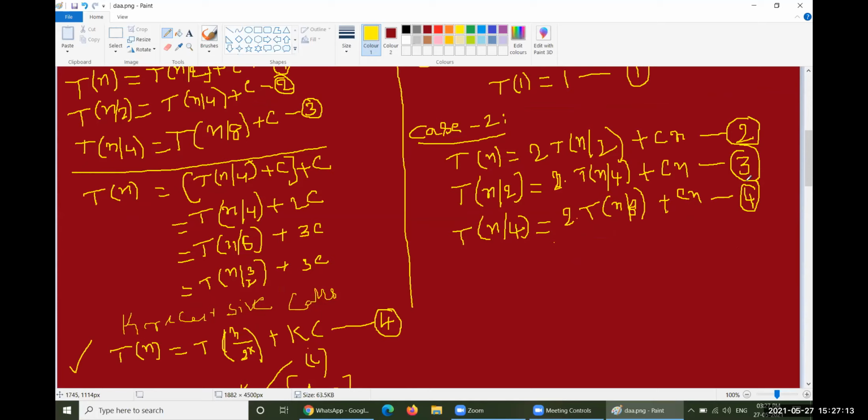Okay. Now what we are trying to do here is, you have to substitute equation number 3 and equation number 4 into equation number 2. After getting the substitution, what you are supposed to get?